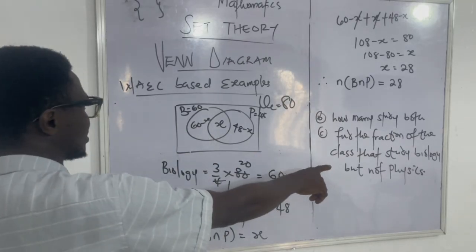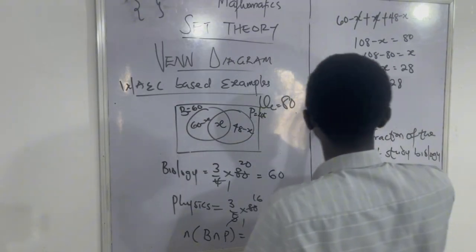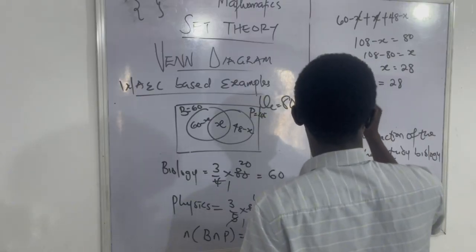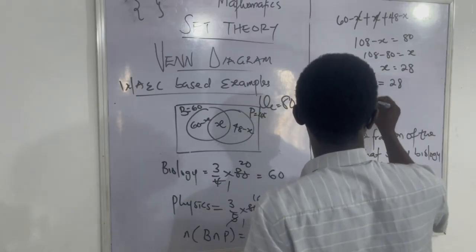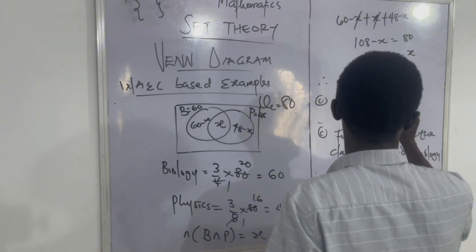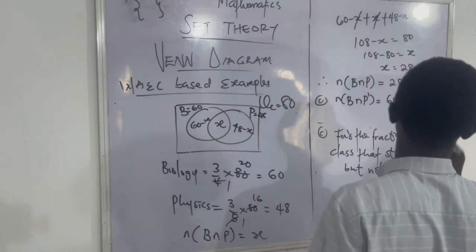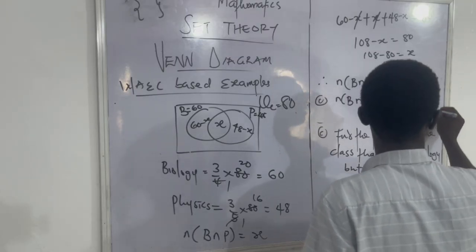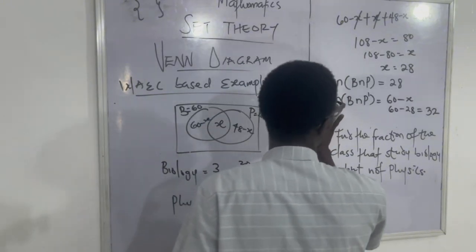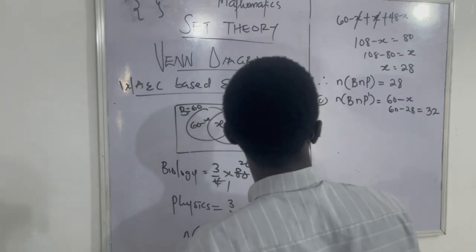The number of biology but not physics is 60 minus X, which is 60 minus 28. That's 32. Are we together? So we now want to find the fraction. The fraction will be what?